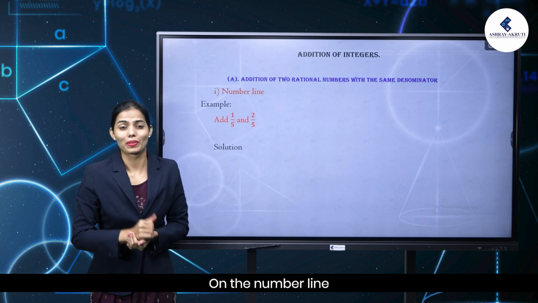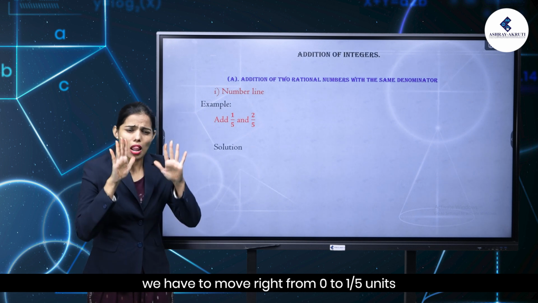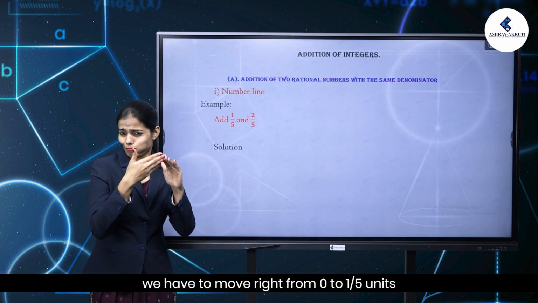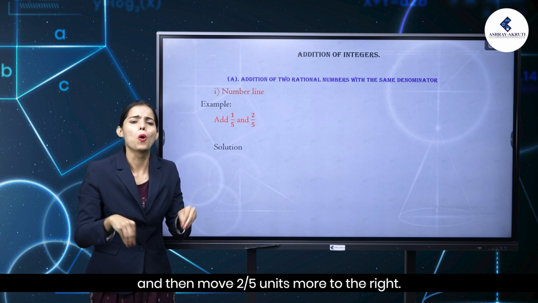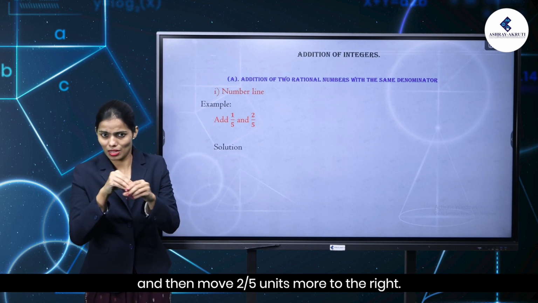Solution, on the number line, we have to move right from 0 to 1/5 units and then move 2/5 units more to the right.